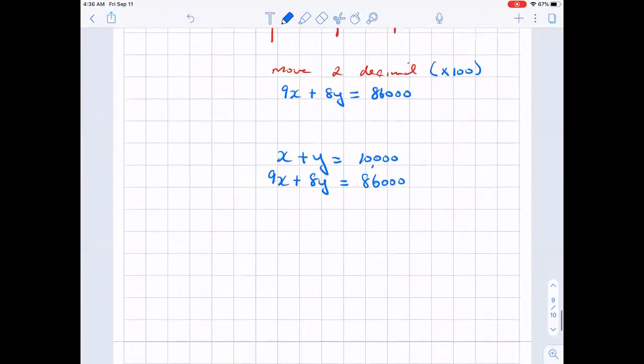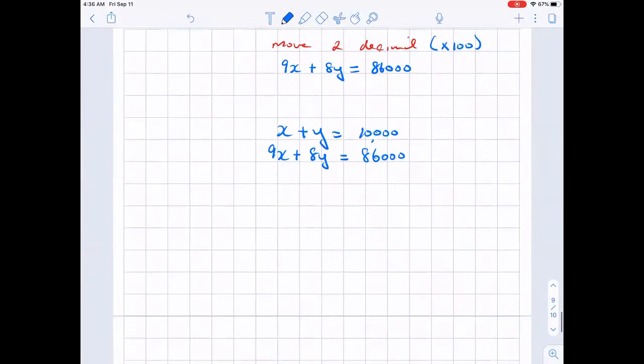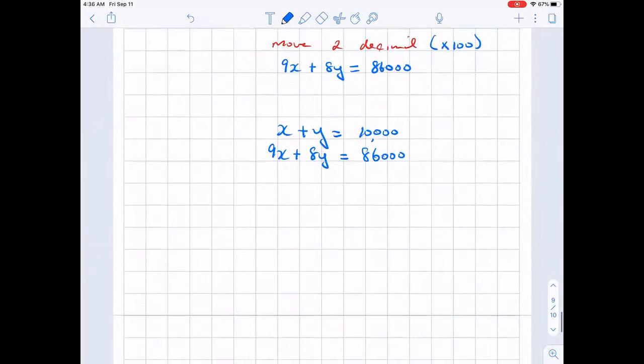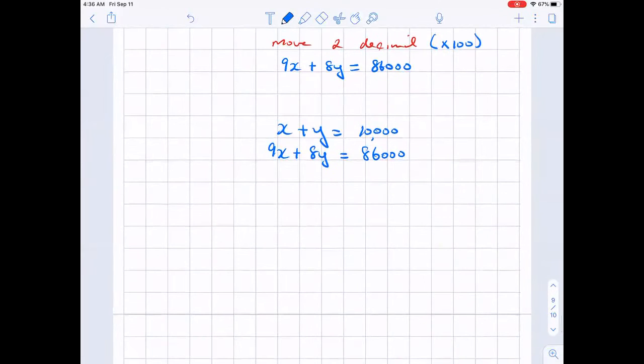Now you can solve for x and y. So let's use the elimination method.